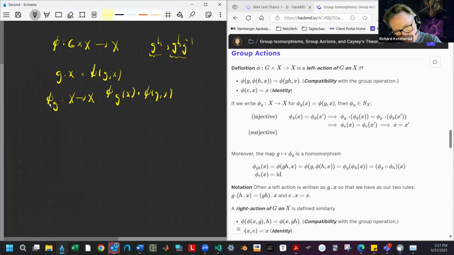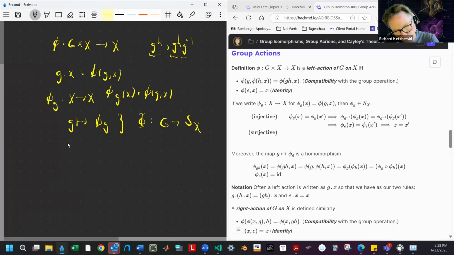Part of being an action says that this map, g goes to phi g, is actually a homomorphism from G into the permutation group of X. I'll do it with a capital Phi. You can ignore all the letters if you want, but basically it's going from G to S_X.